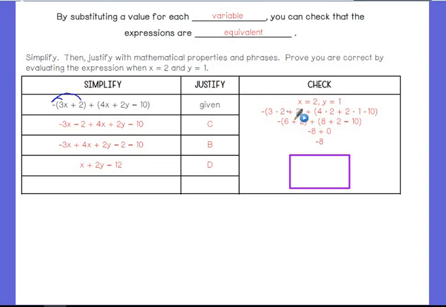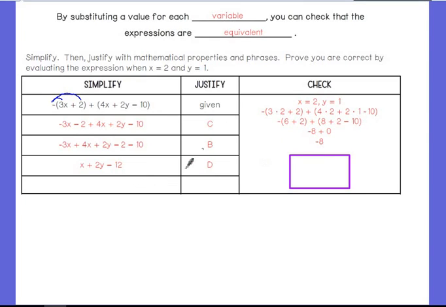So I have my 3 times 2 plus 2, plugged in all of that, simplified, and got -8. So for this problem, if x was 2 and y was 1, I got a -8 as an answer. If I plug in those same numbers to my simplified answer, I should get -8 as well.